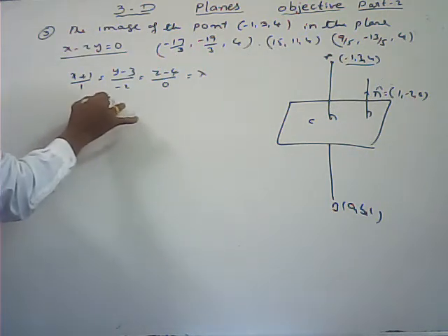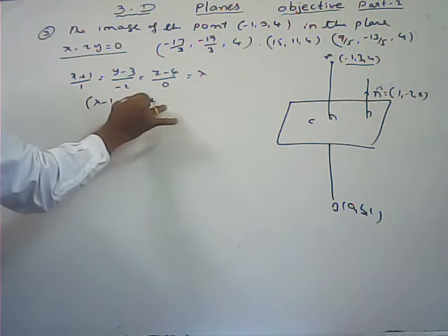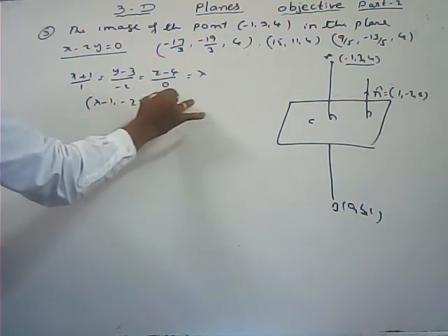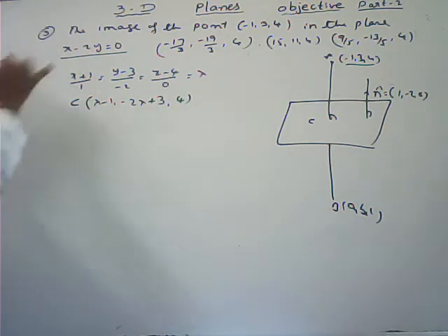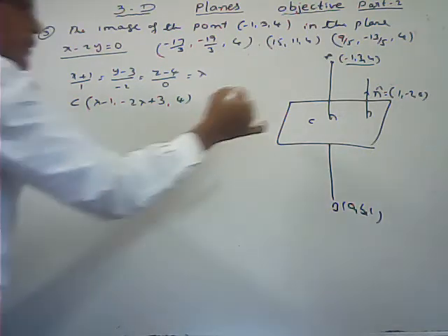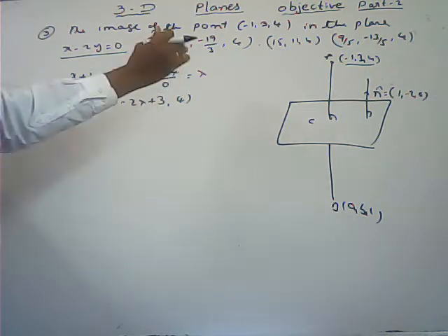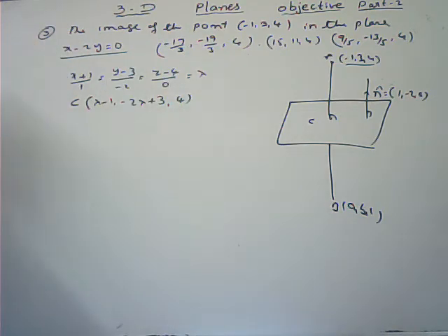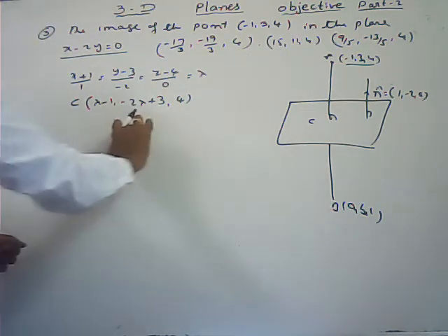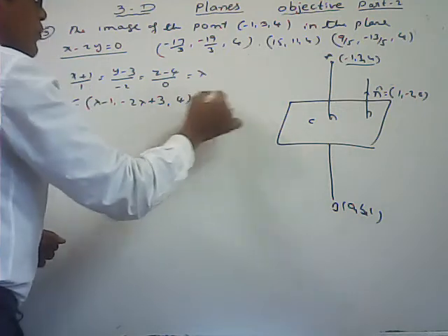So lambda minus 1, minus 2 lambda plus 3, 0 plus 4, that point I am considering as C only. Where is that point? Any point on that line. For different values of lambda you will get different points on that line. So this point I am considering C only.